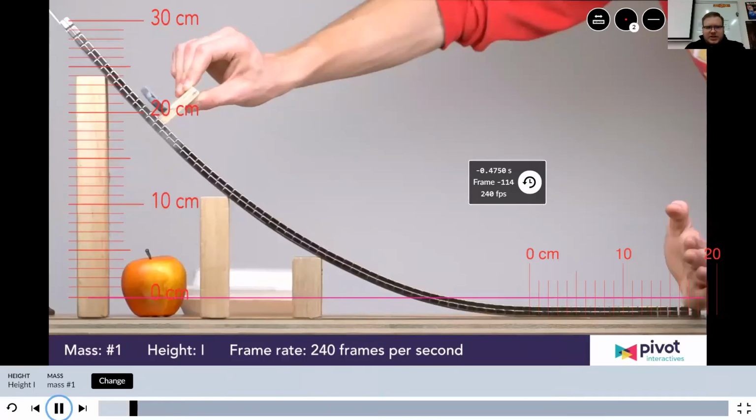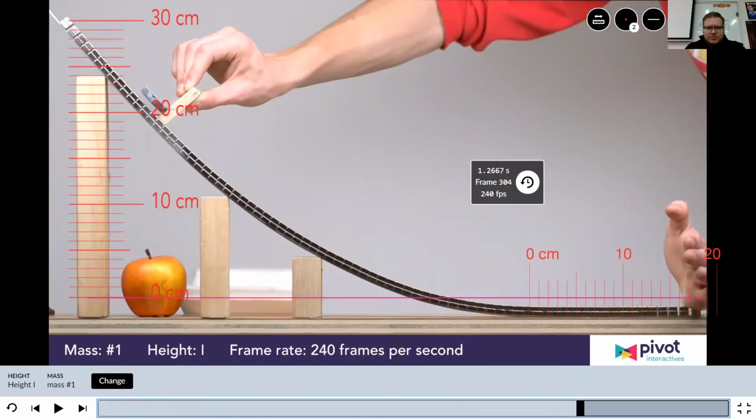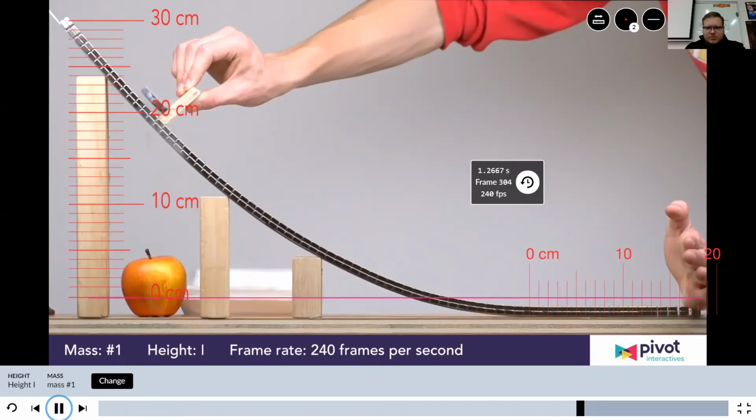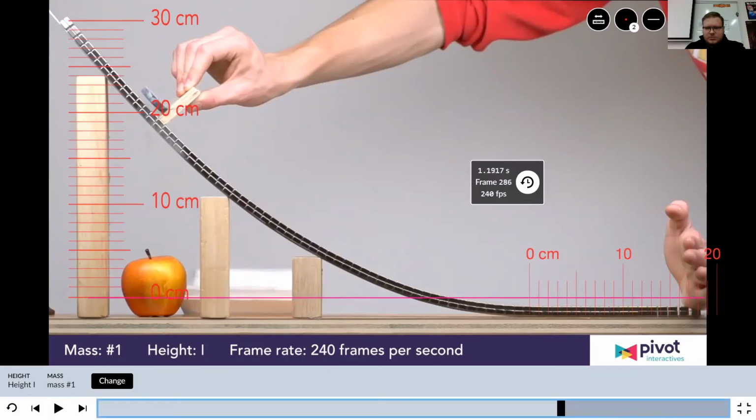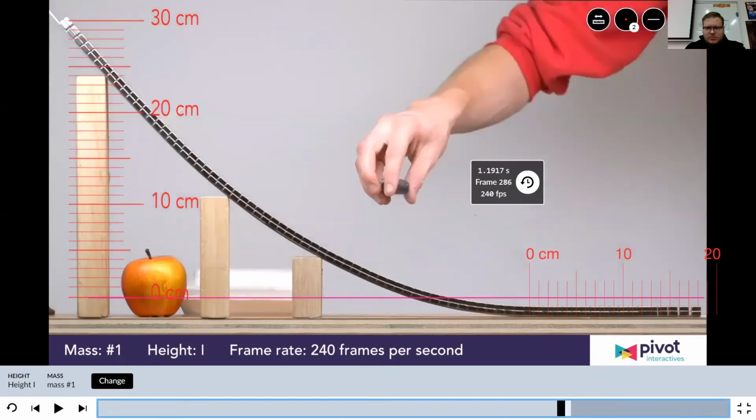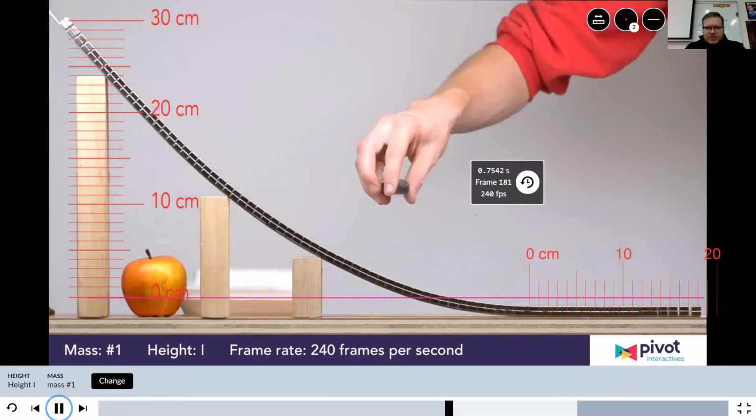So yeah, this is taking a while to buffer. Come on, pivot, you can do it. Looks like over there you actually picked it up.